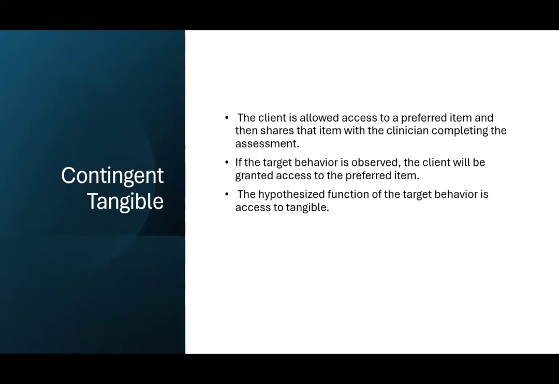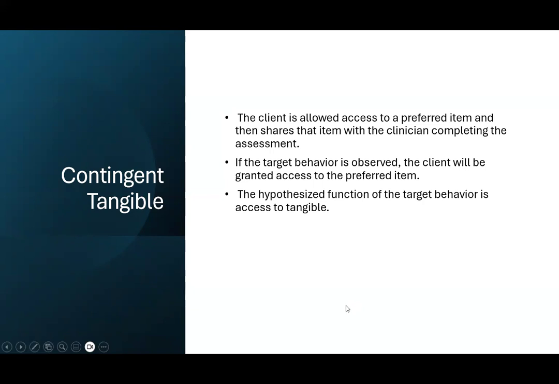Next, contingent tangible. First, the tangible is out of reach from the client until it is presented to the client. The tangible should be familiar or a conditioned reinforcement option for the client. The client is allowed access to a certain tangible for 30 seconds to 1 minute before it is removed. Removal should look like the client and clinician are taking turns with the preferred item.